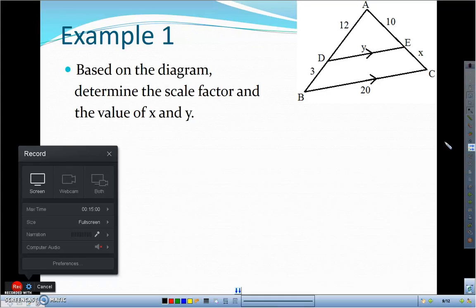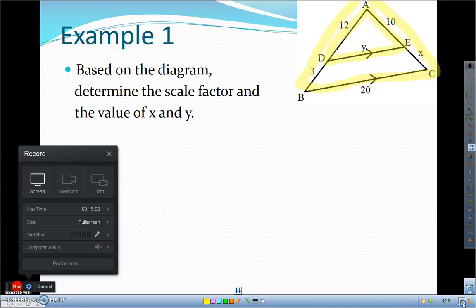In this case, the most important part is the starting point, and what I'm going to do is deconstruct these into two separate triangles. A smaller triangle, which is this one here, and the larger triangle, which is this one on the outside.